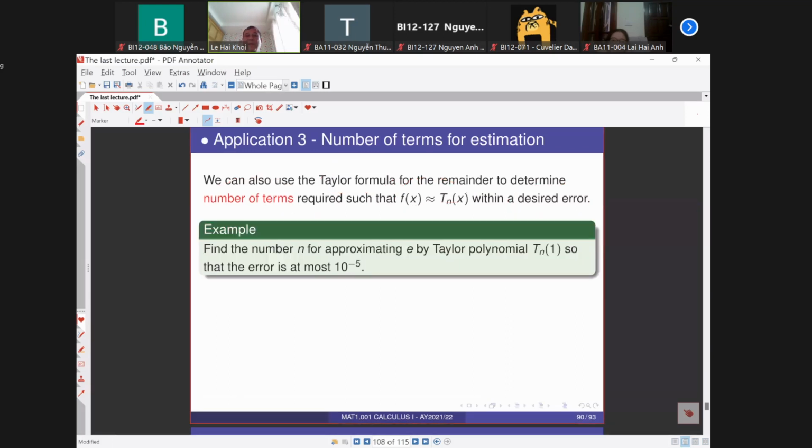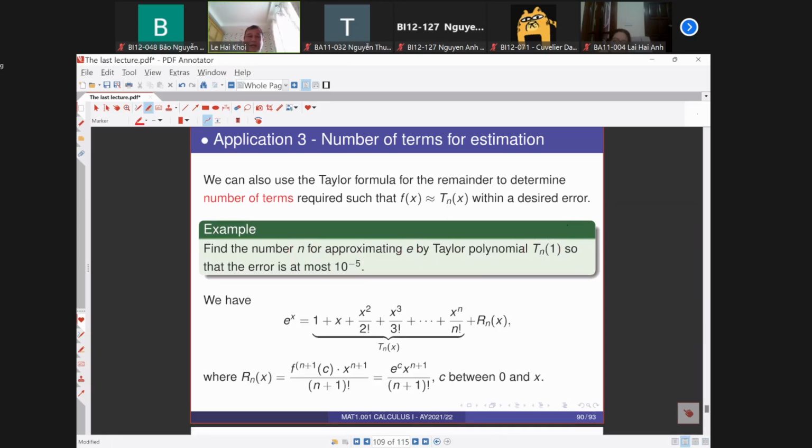Here, example. Find the number n for approximating e by Taylor polynomial Tn(1) so that the error is at most 1 over 100,000. Đấy. Sai số nhiều nhất là 1 phần 100.000. Vậy thì n bằng bao nhiêu? Nếu chúng ta muốn xấp xỉ e bằng cái Tn(1).